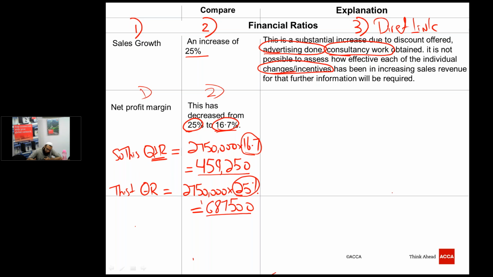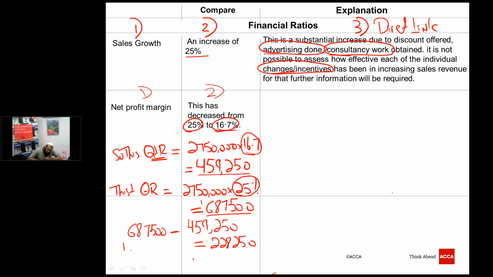So let's calculate in absolute amount the reduction in our net profit had it not been 25%. So the reduction is by how much? If you deduct 459,250, the reduction is by 228,250.